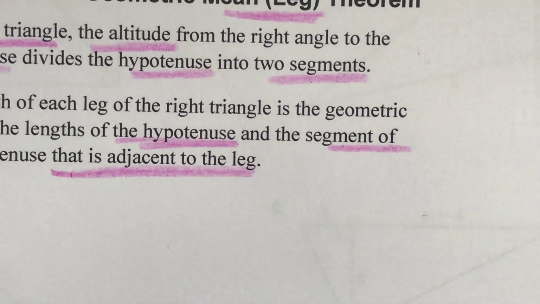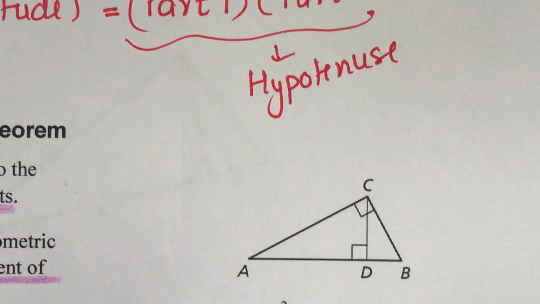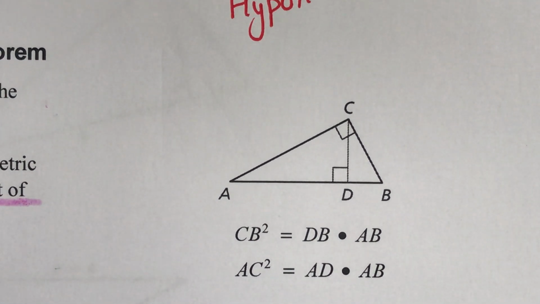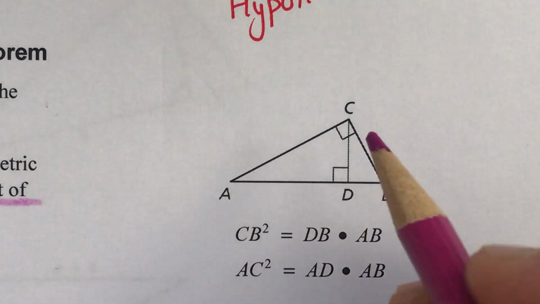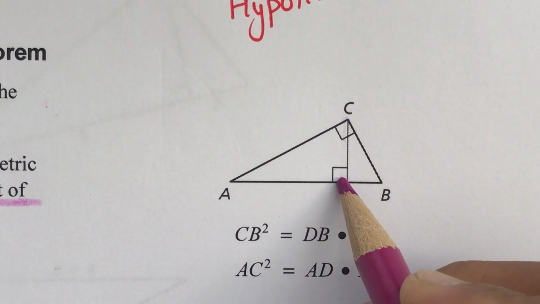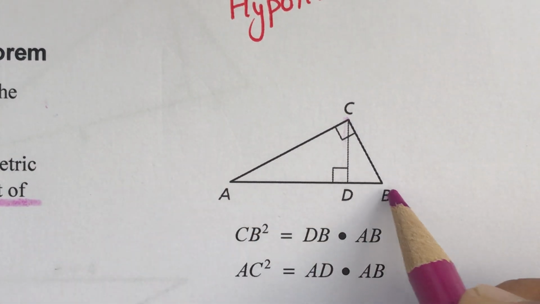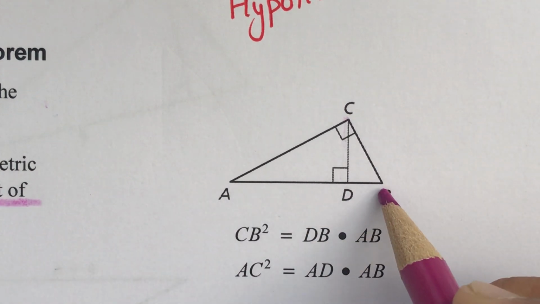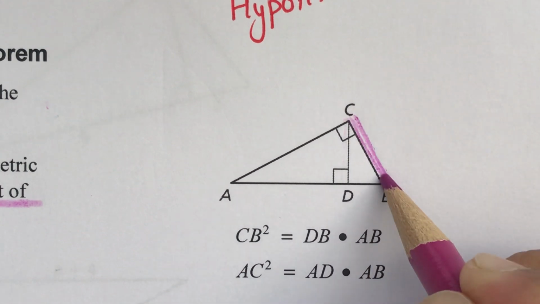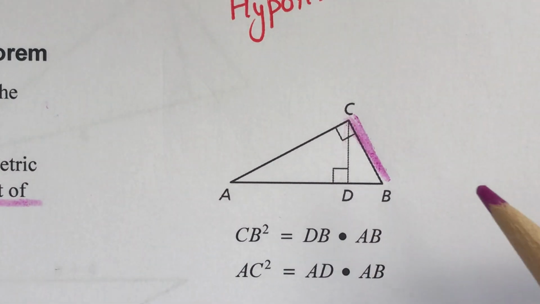I'm going to make it bigger. The figure is the same picture, but if you drop a perpendicular, this is your perpendicular to the hypotenuse in a right triangle. If I'm trying to find this CB squared, I'm trying to find this leg.